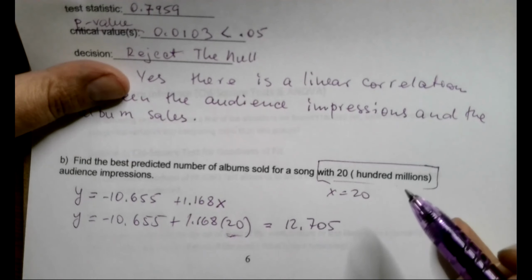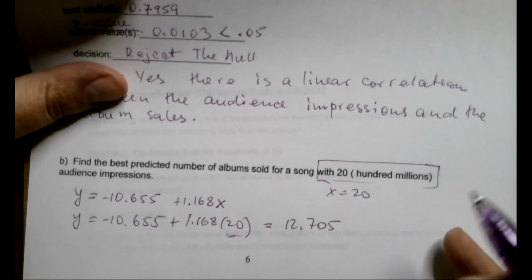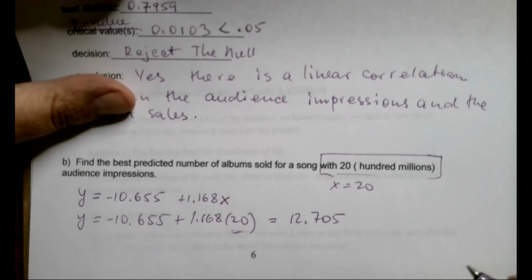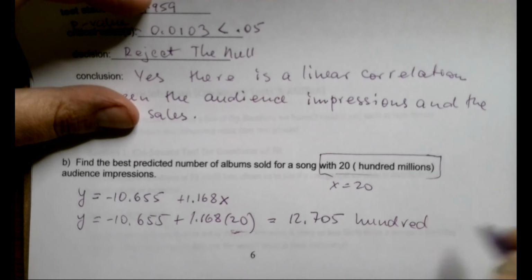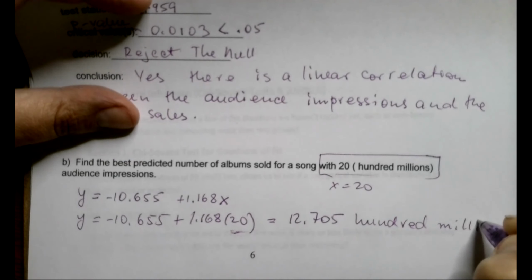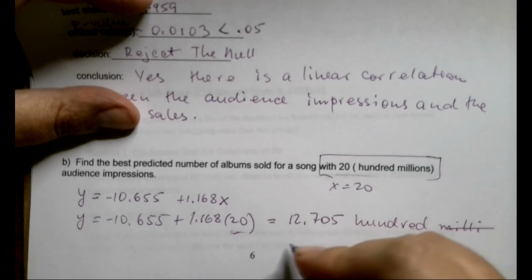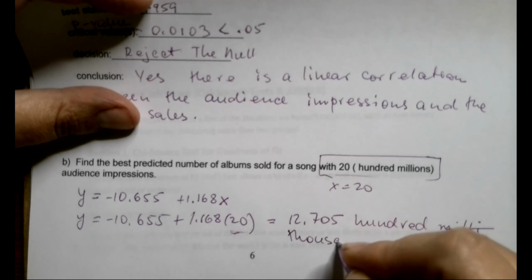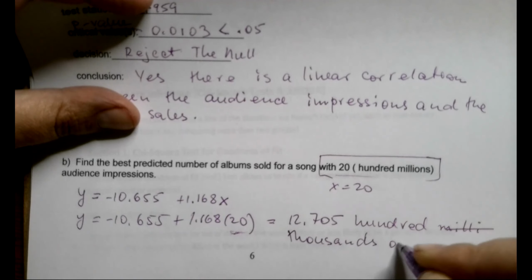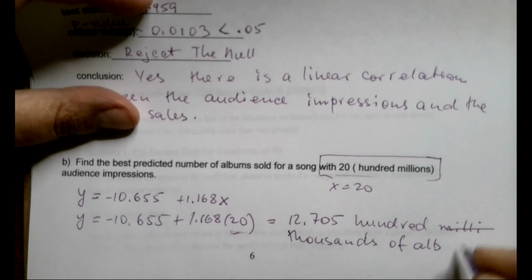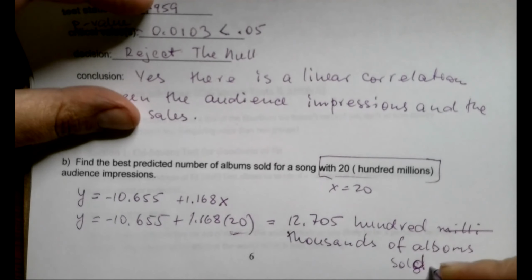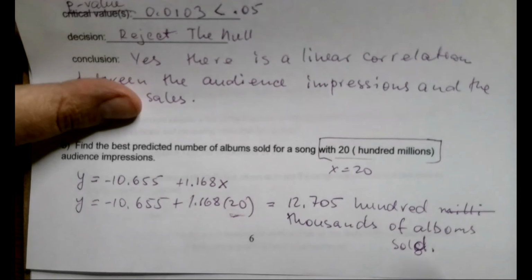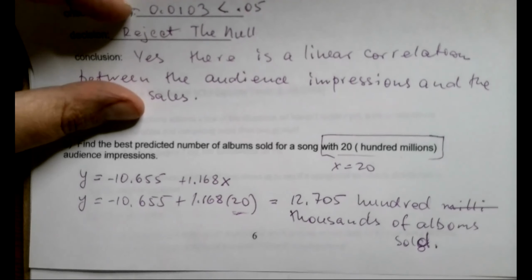Hundreds of thousands of albums sold. All right, so this is how you compare two variables and test for linear correlation between two variables.